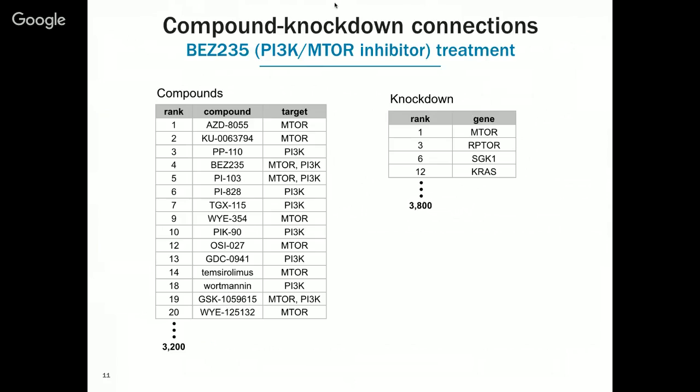Here's an example of a result that comes from such a query. A user had queried our resource with a list of genes that they had derived in their lab that were up or down regulated by BEZ235, a known PI3K mTOR inhibitor. When they queried our data set, this screen shows a snapshot of the top results.